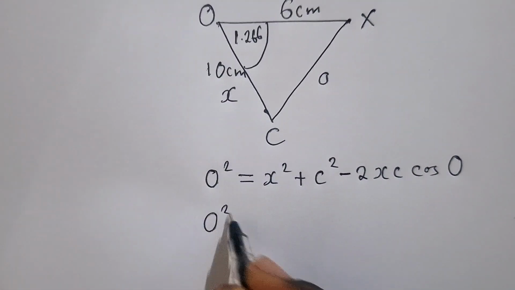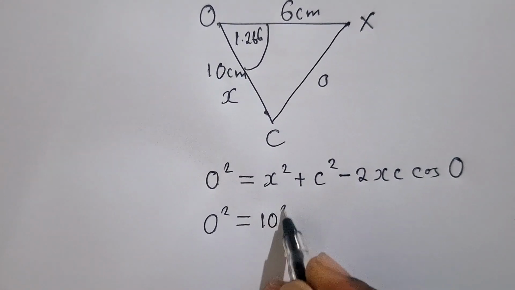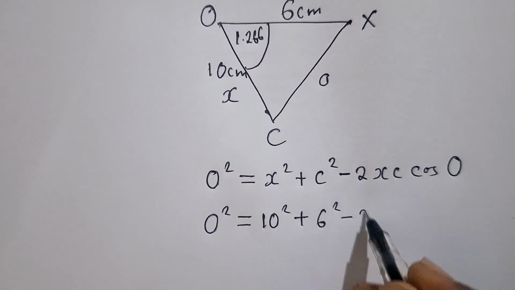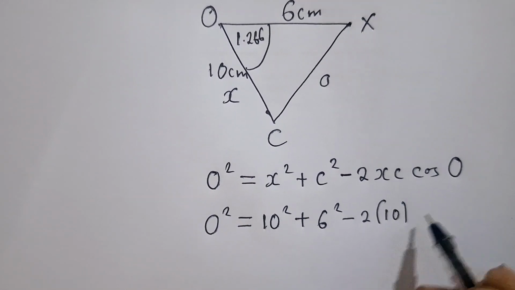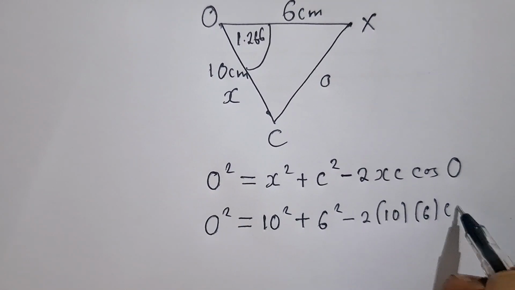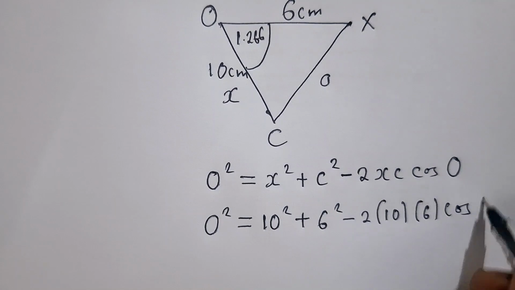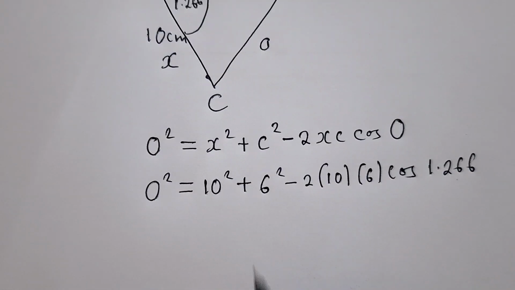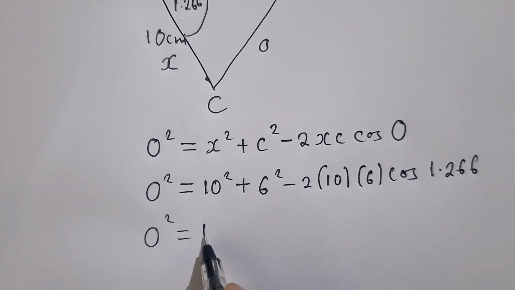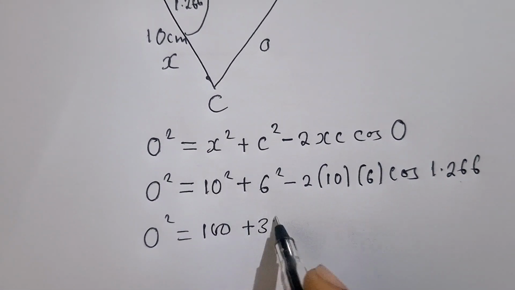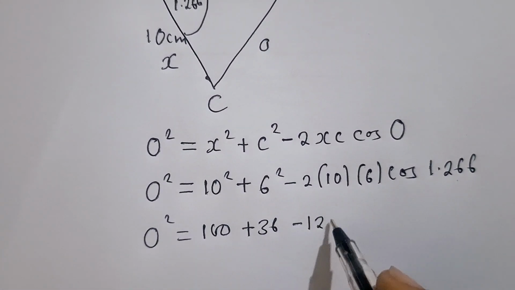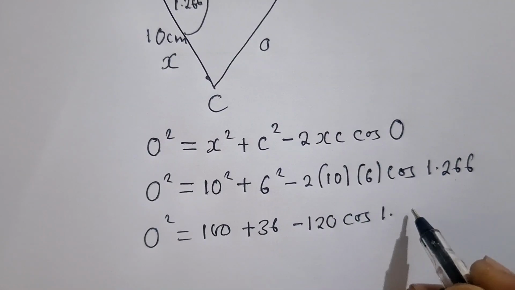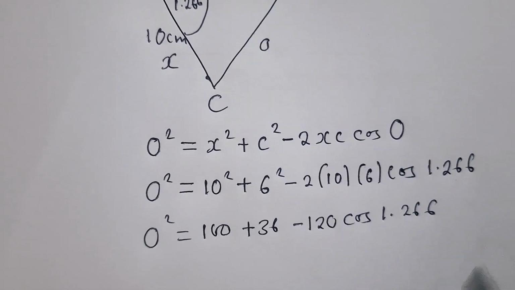So we plug in the values. This is 10 squared plus 6 squared minus 2 times 10 times 6 times cos 1.266. We simplify further. This is 100 plus 36 minus 120 cos 1.266.